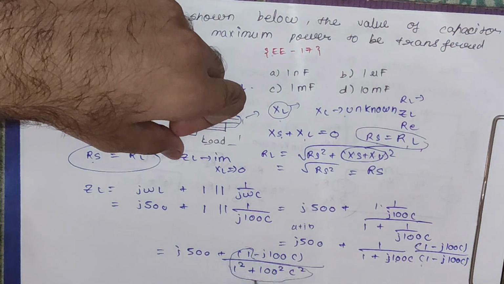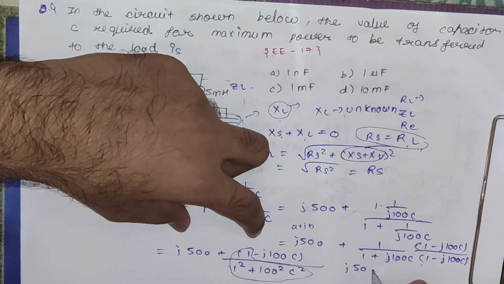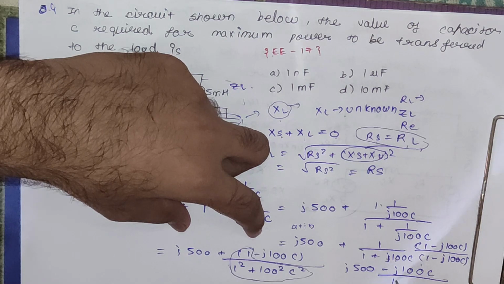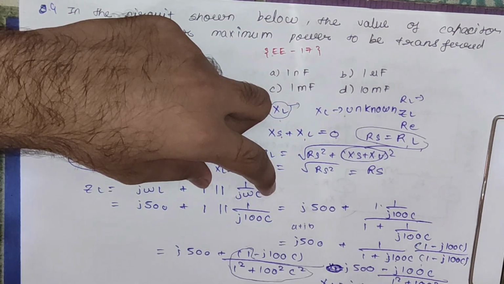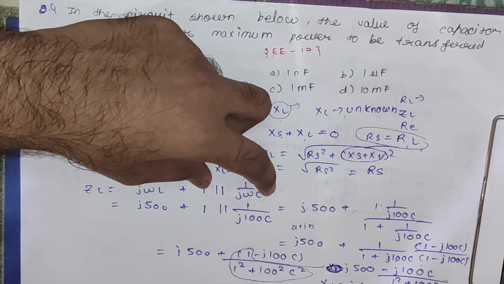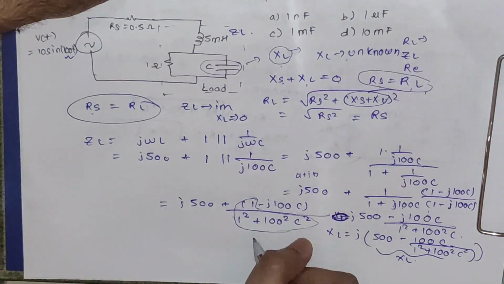You can see this is your resistive part, and the imaginary part is simply j500 minus j100C upon 1 square plus 100 square C square. So this is your XL and this is your RS.